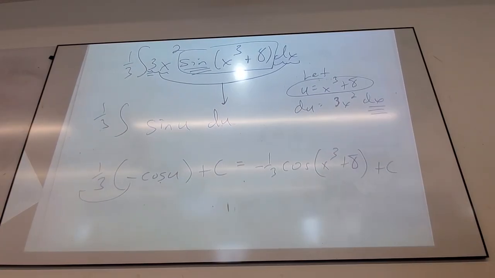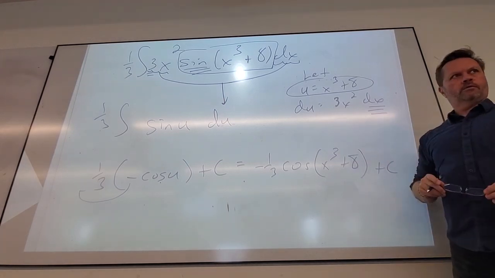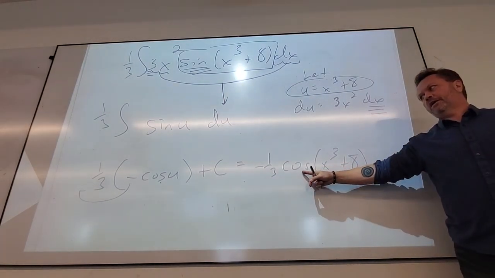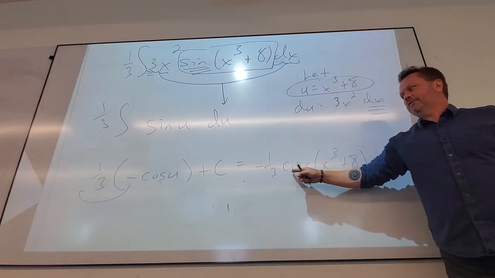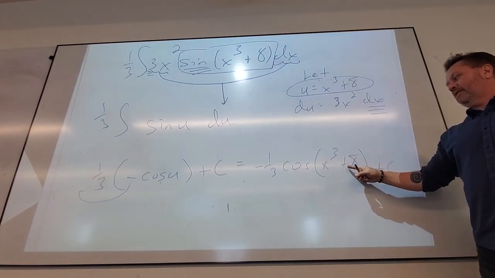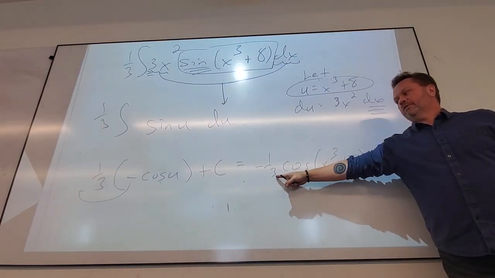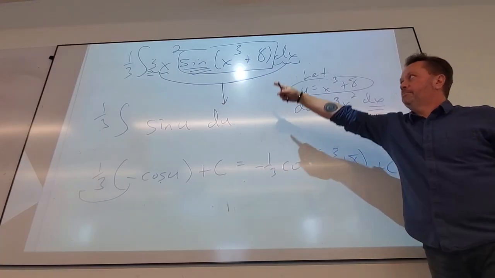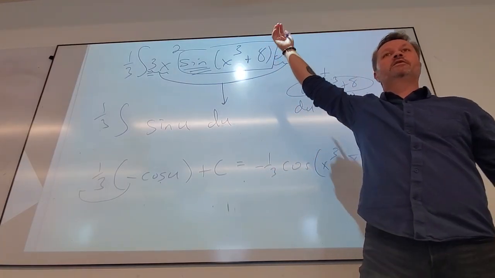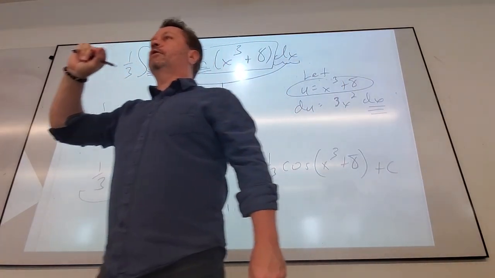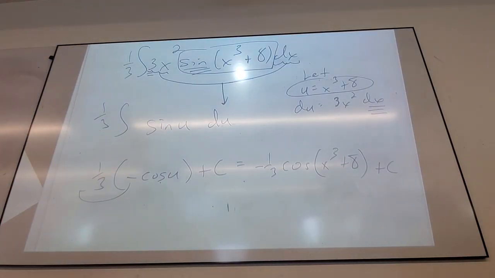Done. The derivative of cosine is negative sine, so the negative cancels. Derivative inside is 3x squared. This kills the 3, and it puts an x squared. Bam, that's where I started. Yes? You can very quickly check the answer. It's much easier to differentiate than it is to integrate, so you can pretty quickly check your answer.